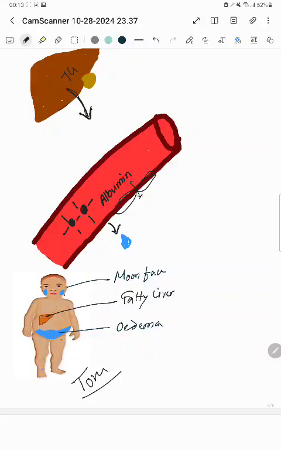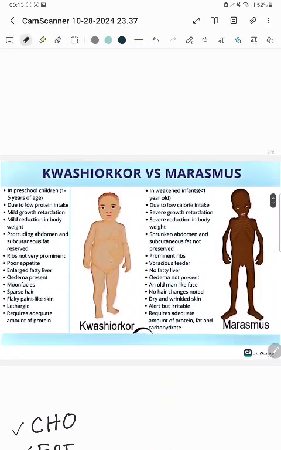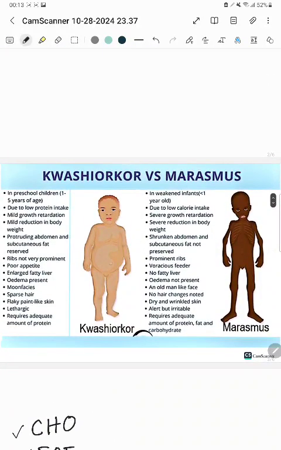And associated features we can see here from this chart: as he only lacks protein, other components like carbohydrate and fat are sufficient for him. So he will develop mild growth retardation and mild reduction in body weight.